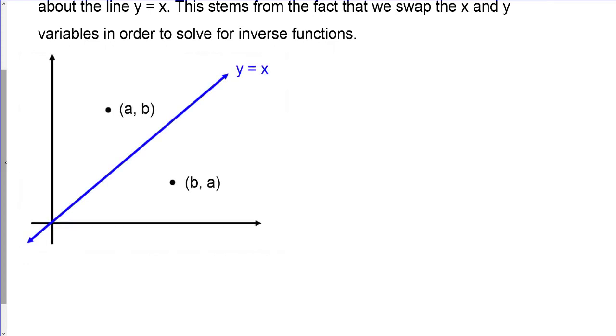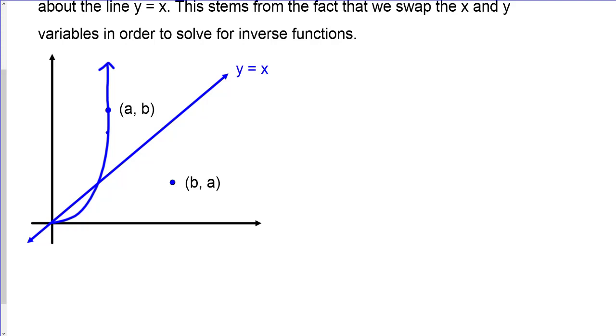So for instance, if I have some function f of x, and I'll just sketch in a function here, and I want it to pass through that point AB, then every single point that's on f of x gets its x and y values swapped and relocated on the other side of the line y equals x. So for instance, this point AB gets relocated to the point BA.